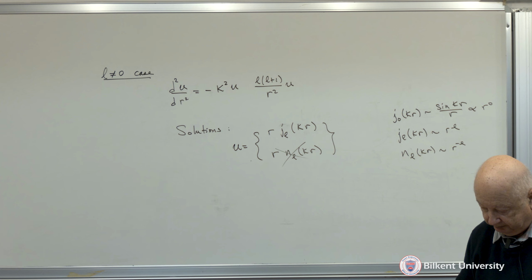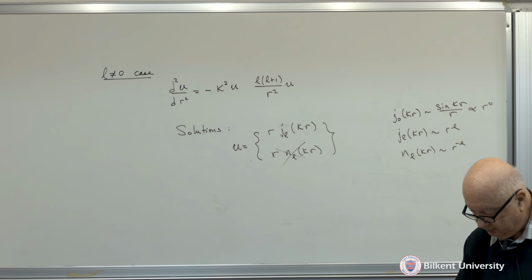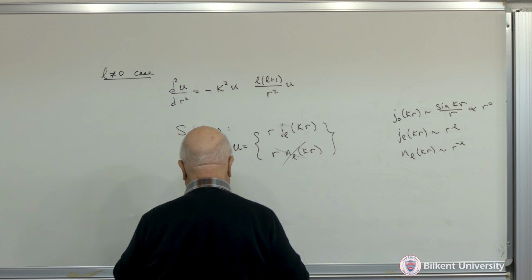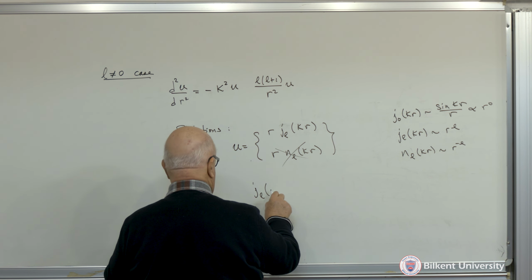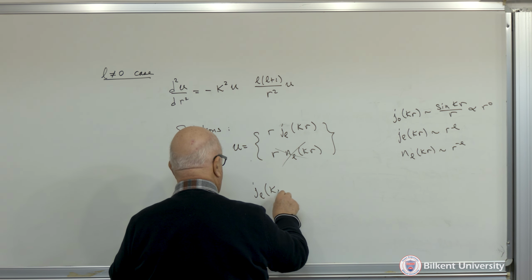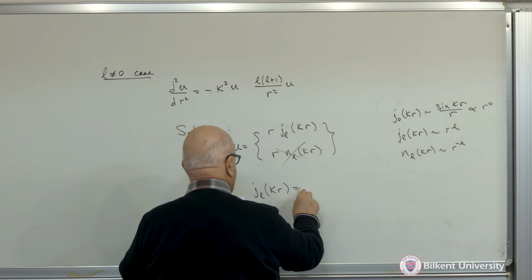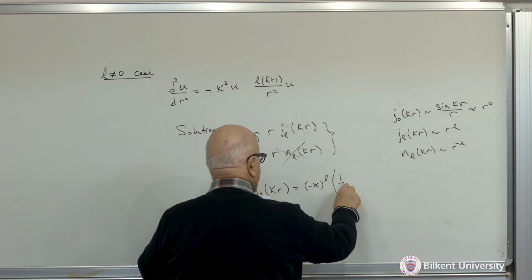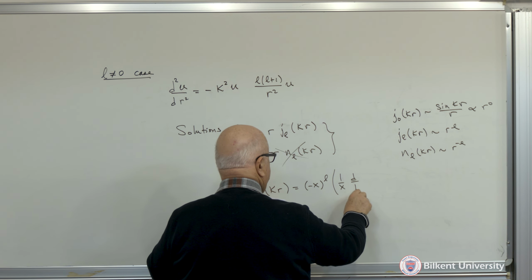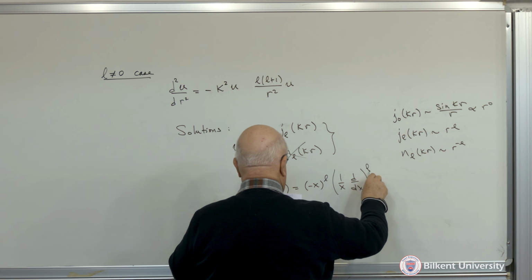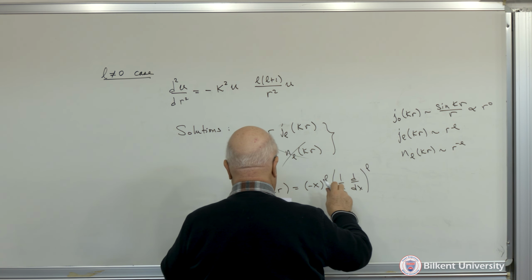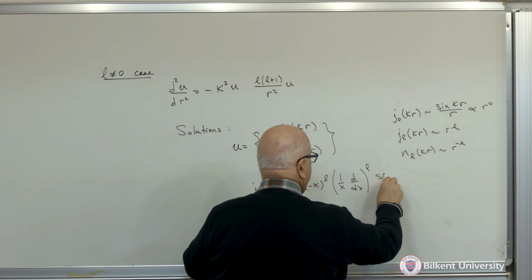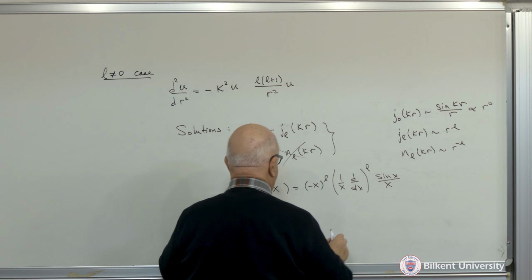So J L of x is equal to minus x to the L, 1 over x d dx to the L power, sine x over x.